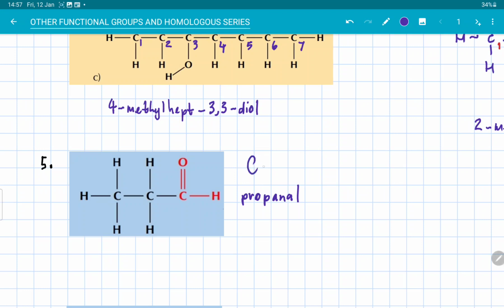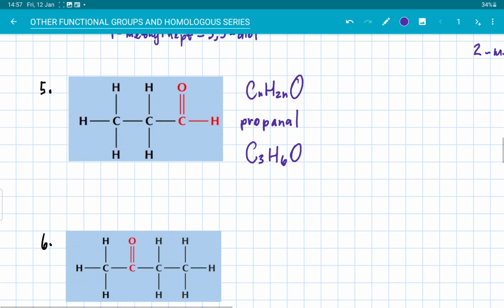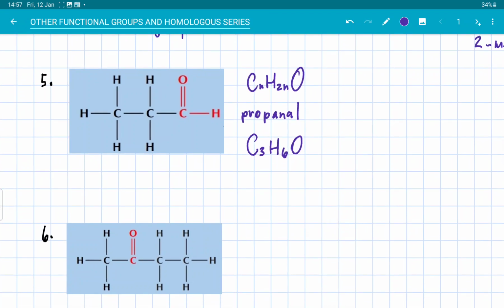If you remember, their general formula is CnH2nO. So what will be the molecular formula here? It will be C3H, 3 times 2, 6O. Now look to see if it corresponds. So basically here that is an aldehyde.